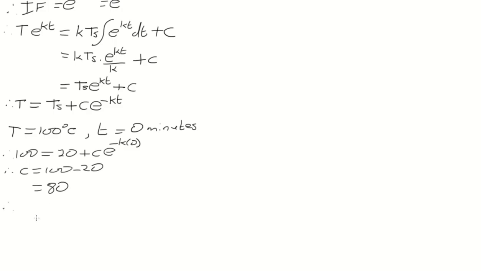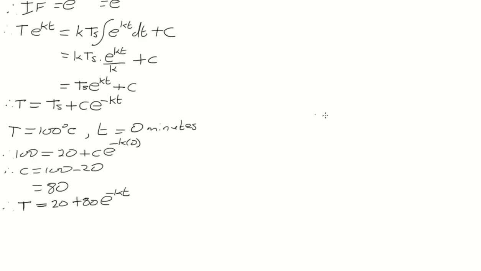This gives us a better equation because we now have a value for this variable. Let us just put a value which belongs here, which is 20 degrees Celsius. And then C has a value now. It's 80 degrees Celsius e raised to minus kt. It's always like that. C is a difference of T minus Ts.